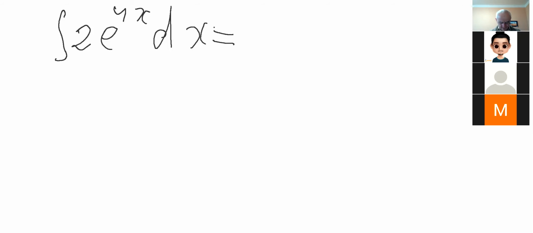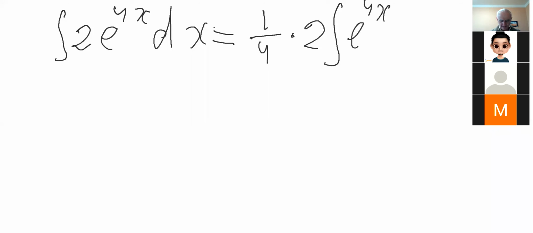Yes. So I guess you want to write 1/4 times 2, and this 2 is a constant, which I am going to move out across the integral sign: e to power 4x times dx.